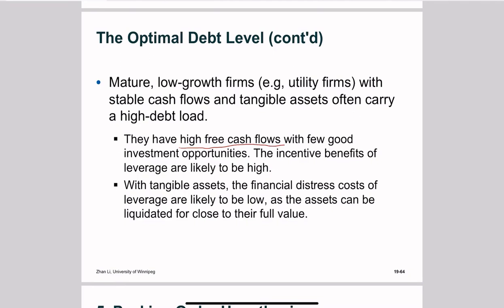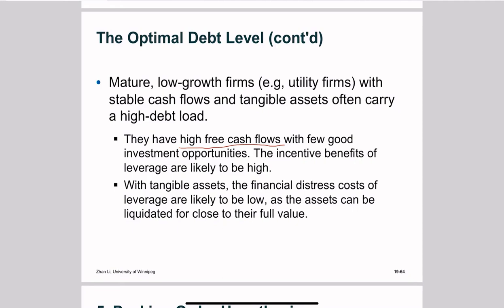They don't have a lot of growth potential and they don't have a lot of investment projects. So this basically means, according to the free cash flow hypothesis, in these firms, the potential for wasteful investment is actually pretty high. So we need debt to reduce the potential of wasteful investments. So from the free cash flow hypothesis perspective, these firms would have a high level of debt.